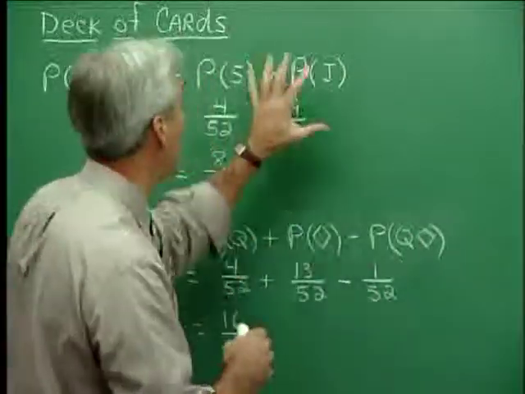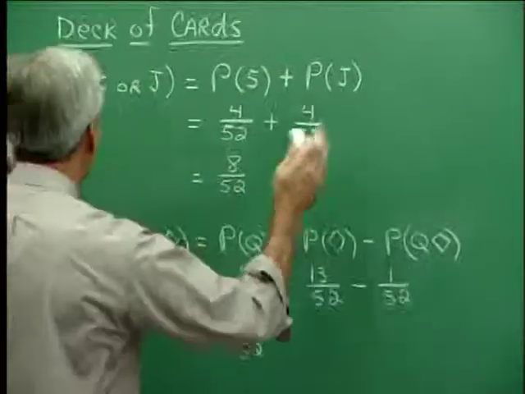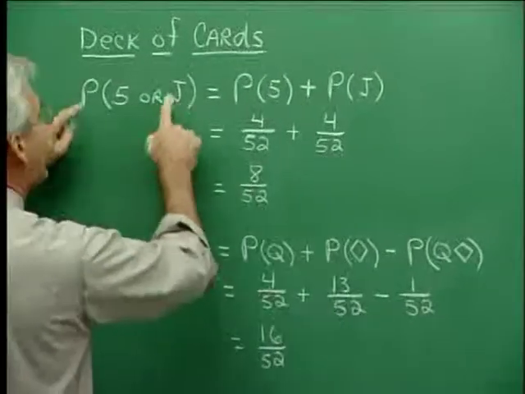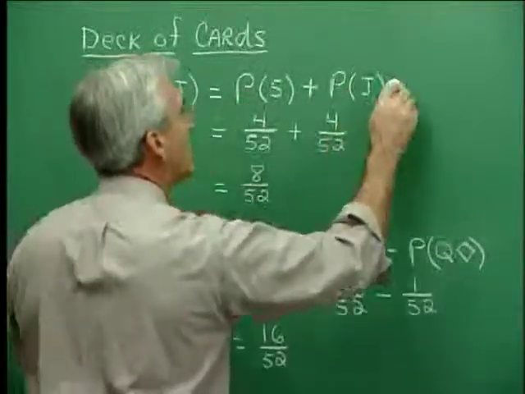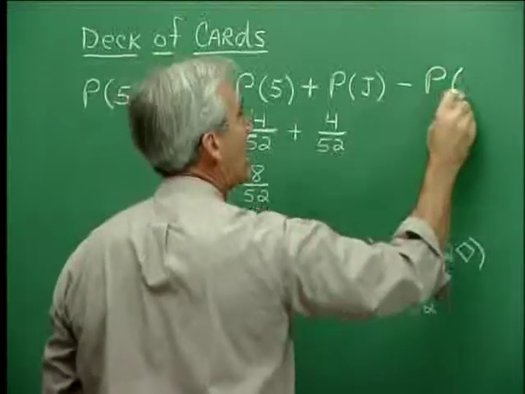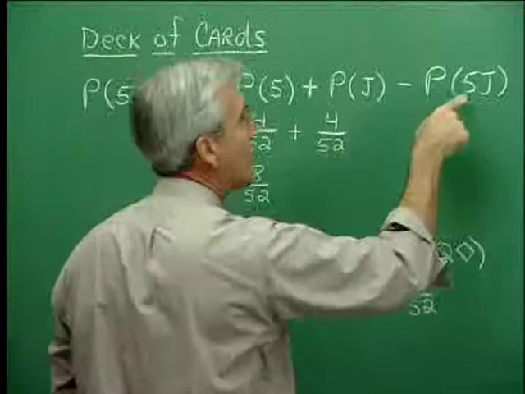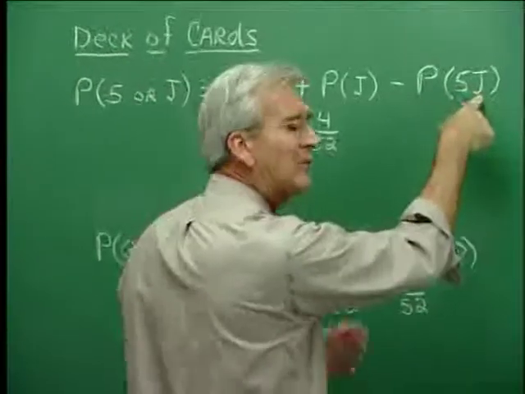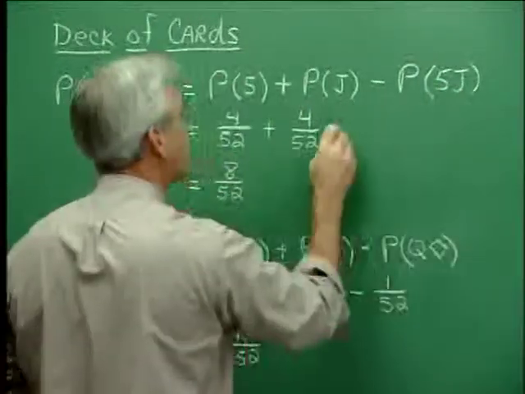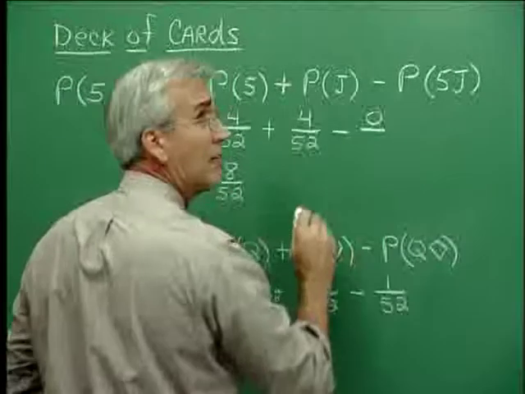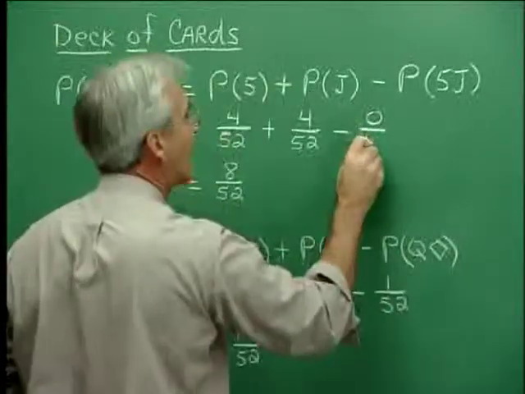In fact, we could have applied that idea up here. We could say, okay, we have the probability of 5 or jack, add the separate probabilities and subtract the probability that they both happen at the same time. The probability of drawing a card which is a 5 and a jack. Doesn't make any sense, does it? Well, of course it doesn't. So the probability of doing that is 0 out of 52.